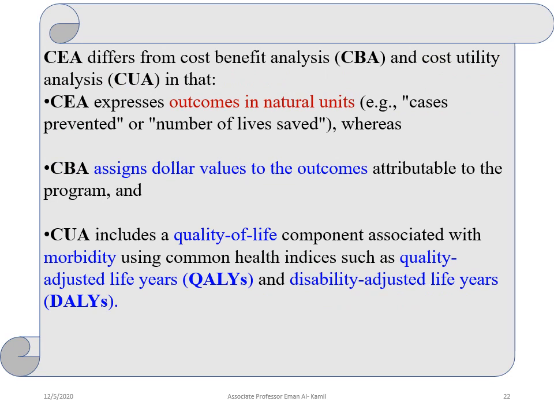The cost effectiveness analysis differs from benefit analysis and cost utility analysis in a way that the cost effectiveness analysis expresses outcome in the natural unit. ما هو المردود الفعلي الطبيعي للeffect of the program. For example, cases prevented or number of lives saved.